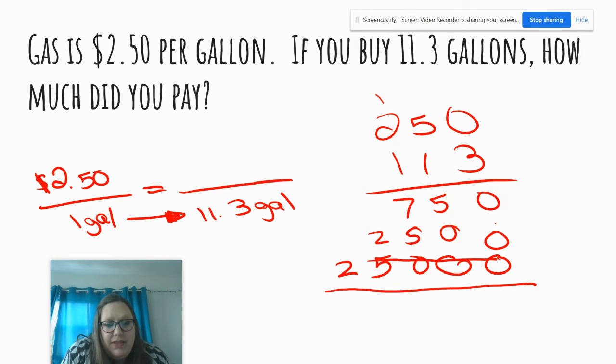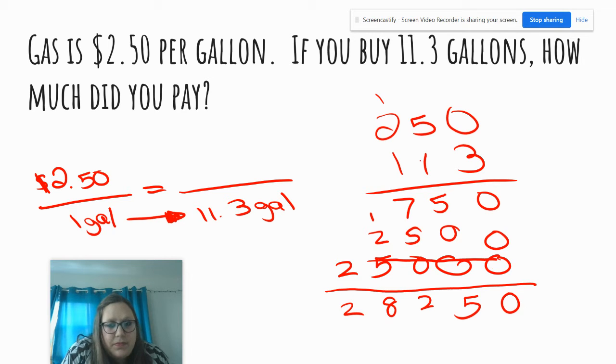Now I'm going to add everything together. 0 and 0 and 0 is 0, 5, 0, 0 is 5, 7 and 5 and 0 is 12, 1 and 2 is 3, plus 5 is 8, and then 2 and nothing is 2.